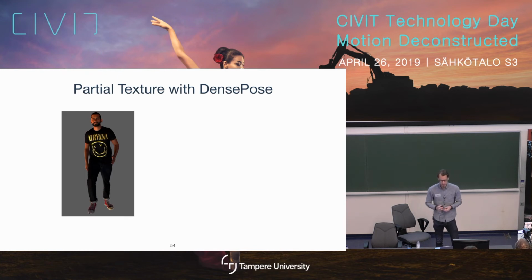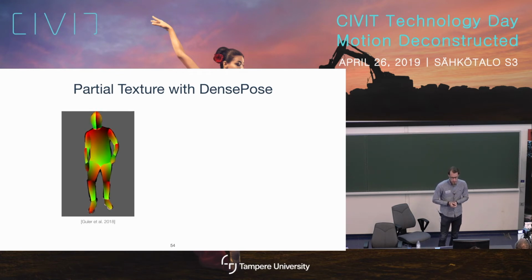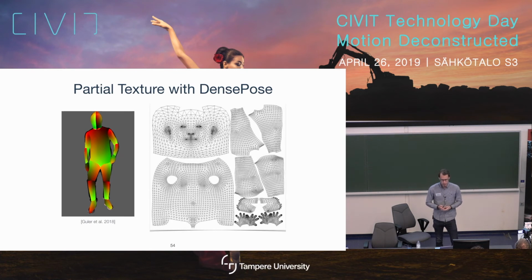Unposed is a method that was presented, I think, also last year in CVPR by folks from Facebook. So Unposed gives us a 2D pose of the image. But this 2D pose is encoded in UV coordinates. So every pixel in this Unposed detection is mapped to a point in this UV map.